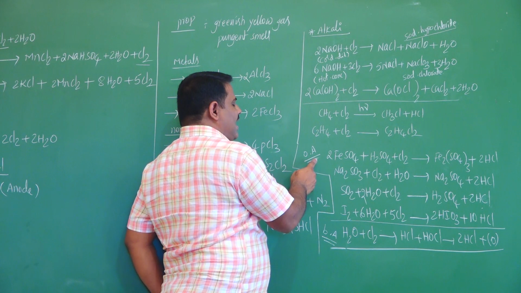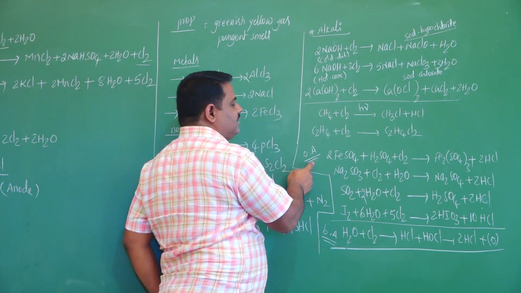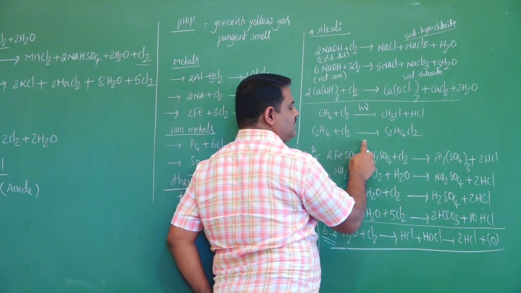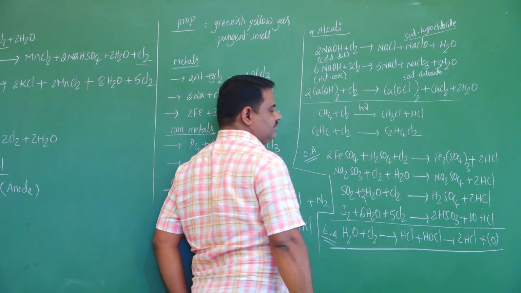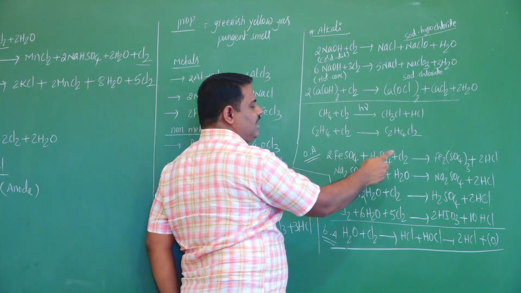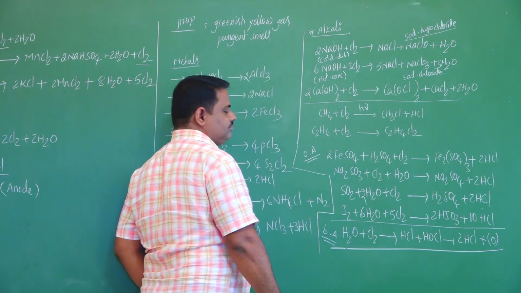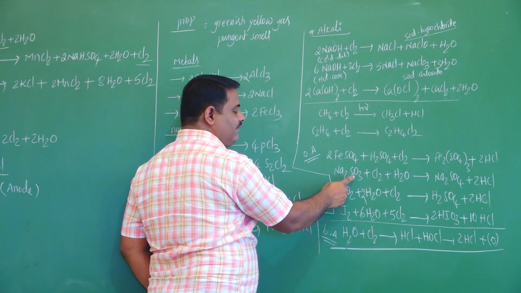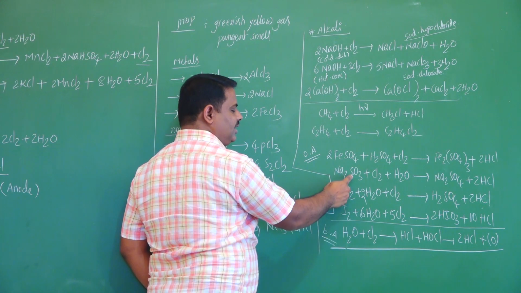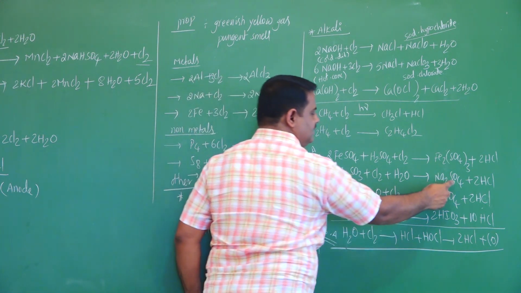Next, chlorine acts as a good oxidizing agent. It converts ferrous salts into ferric salts. Here the oxidation state of iron is +2, here +3. Sulfides to sulfates: sulfur +4 here, here +6.